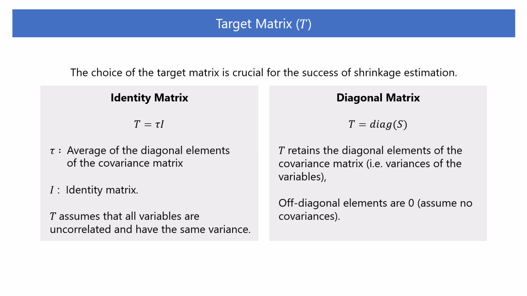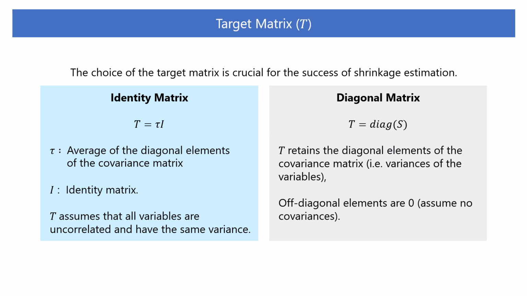The choice of the target matrix T is important for the success of shrinkage estimation. Common choices for T include identity matrix, diagonal matrix, and other structured matrices. Here, we focus on identity matrix and diagonal matrix. If we choose the identity matrix, the target matrix can be represented in this way.